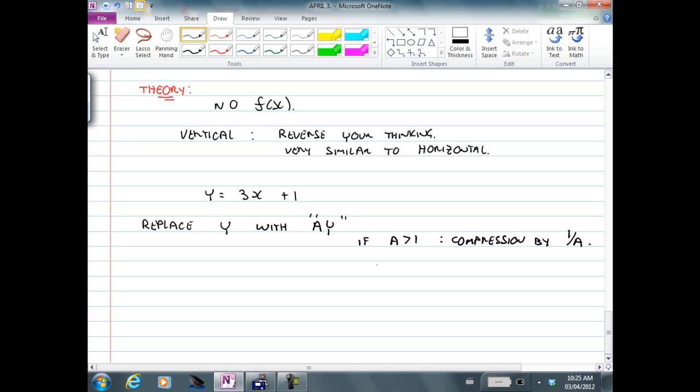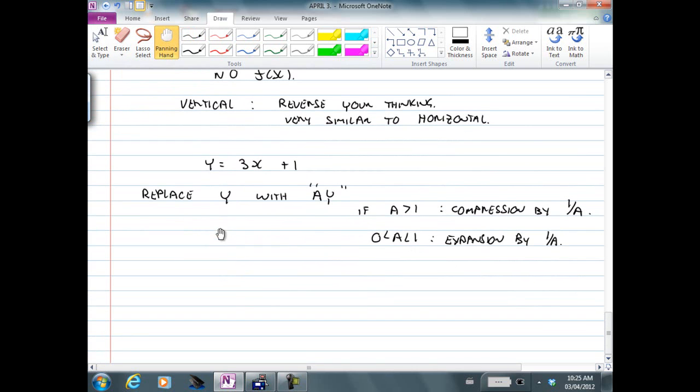If a is between 0 and 1, it's an expansion by 1 over a. Same concept. I'm going to give you an example. I want you to look at this and say vertical expansion by 4. I want a vertical expansion by 4.